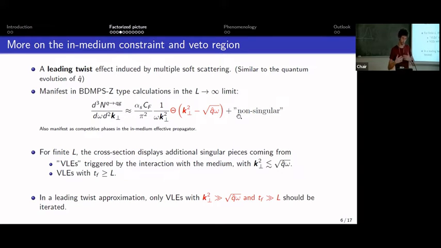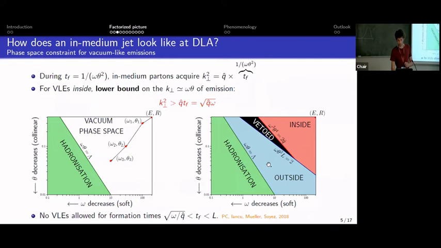You will also see vacuum-like emissions with formation time larger than L, but also vacuum-like emissions triggered by the interactions between the hard parton and the medium, because the hard parton can get kicks of order kT squared, given by this scale here, and because of this kick, the outgoing particle can again radiate according to the Bremsstrahlung law. But in a leading twist approximation, only this kind of emissions, either in this red region or in the blue region, should be iterated.